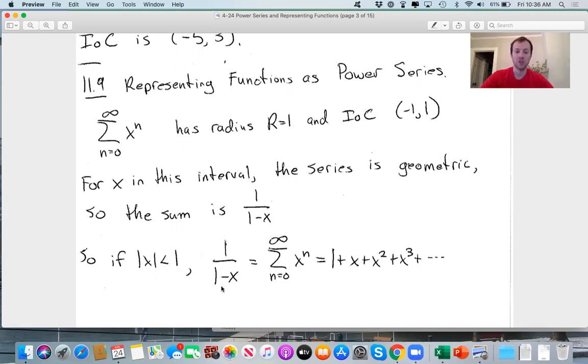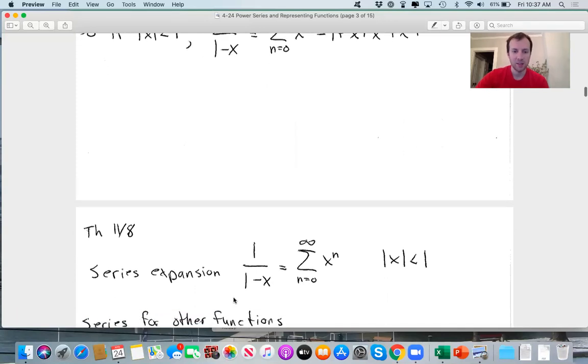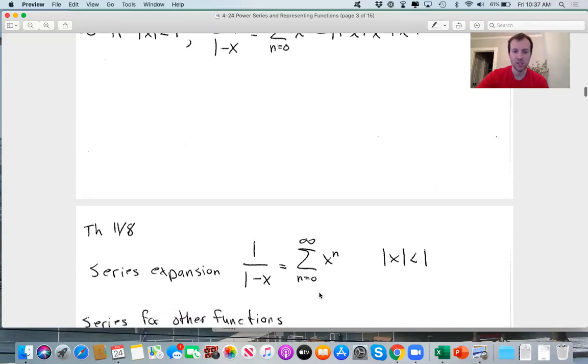And one way to proceed is to exploit this to get power series for other functions which are kind of similar to this. So this is the series expansion that we're starting with. Series expansion or series representation, those are synonyms that I'll use interchangeably.